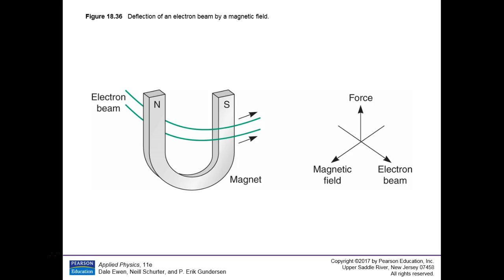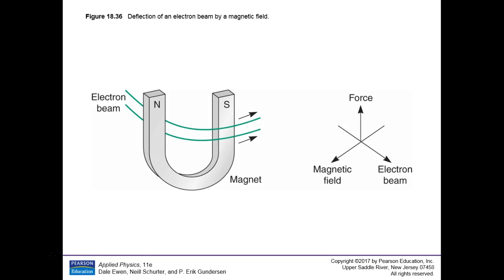Now, I don't know if you remember hearing me say from before that a moving charge induces a magnetic field. Remember that? A moving charge creates a magnetic field. The charge going through the wire creates a field around the wire. Right-hand rule.